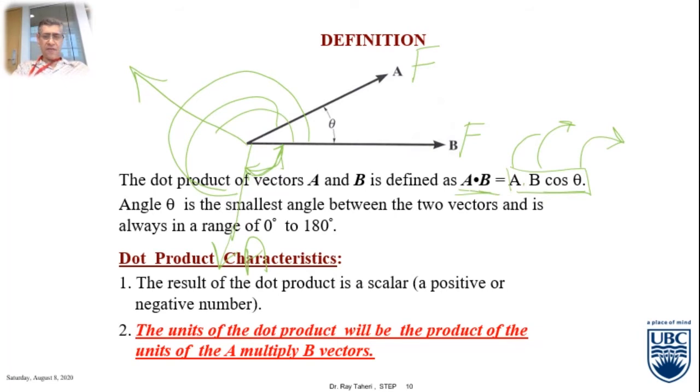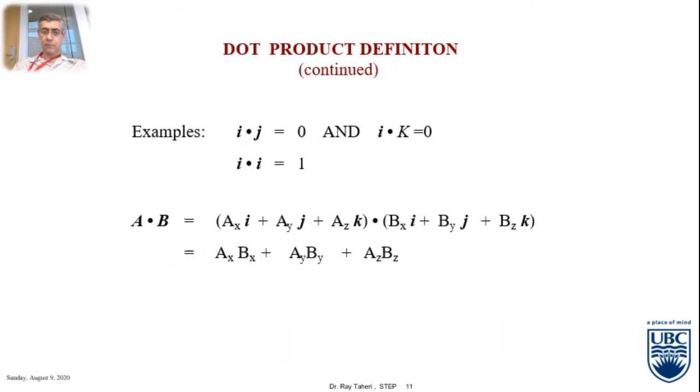So if we have Newton here, and here, for example, velocity, which is meter per second, the answer of the dot product is the unit of the first multiplied by the unit of the second. Obviously, the cosine has no unit.